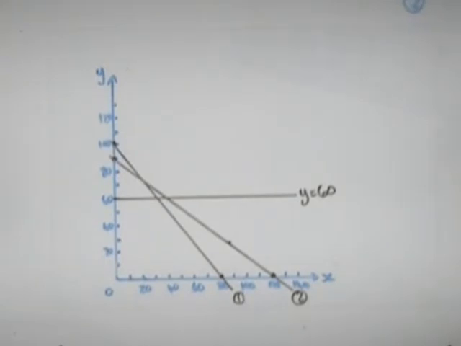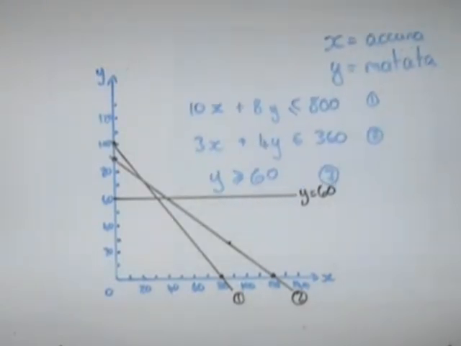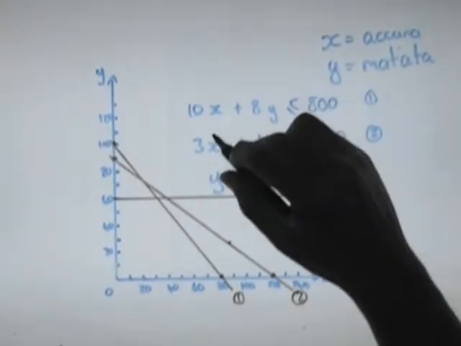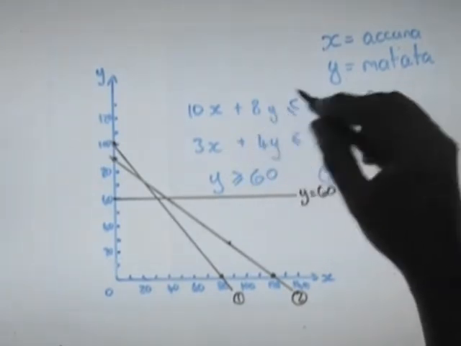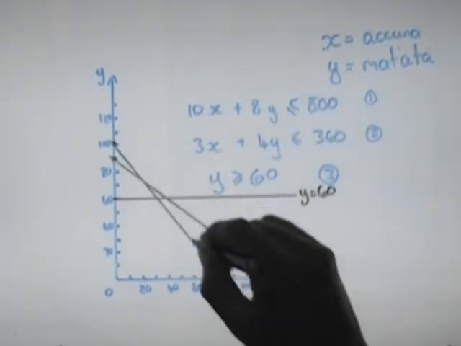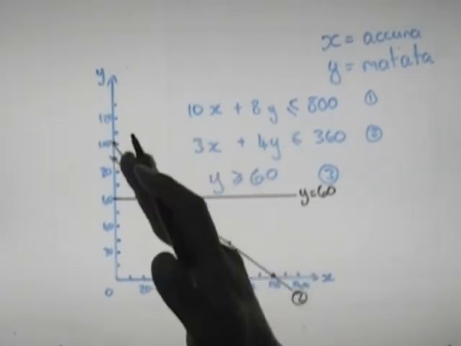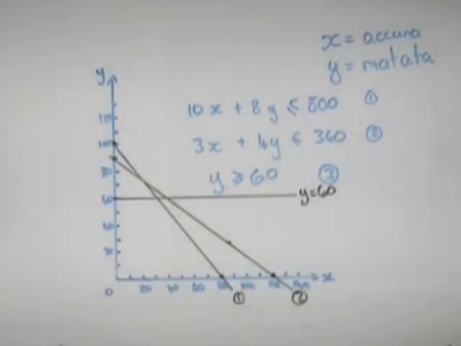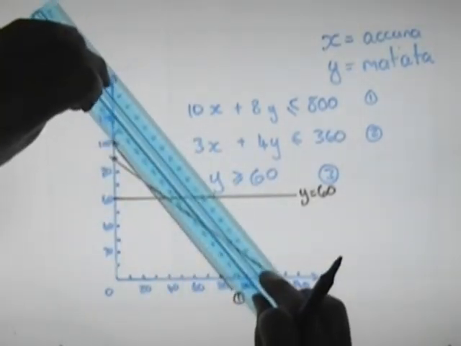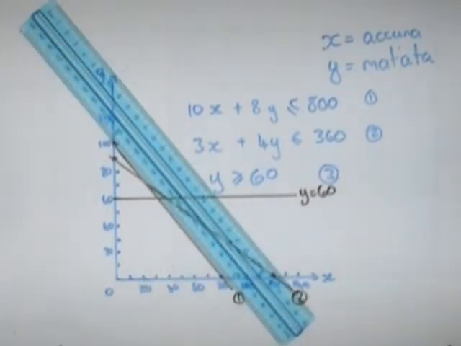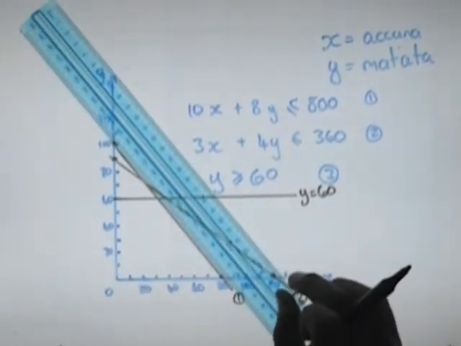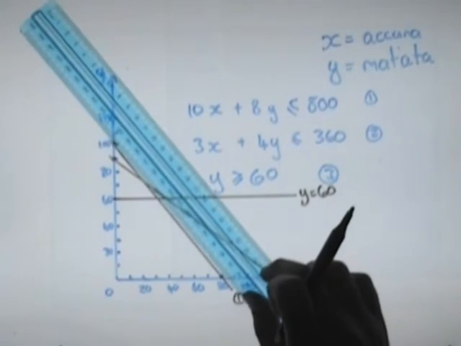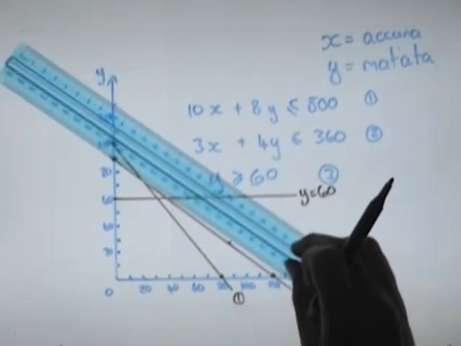Alright, now we need to find our feasible region. Firstly, we know that it's underneath the first equation line. It's underneath that line. So it's basically wherever my ruler is not. Second one says that it's underneath that other equation, which is over there.